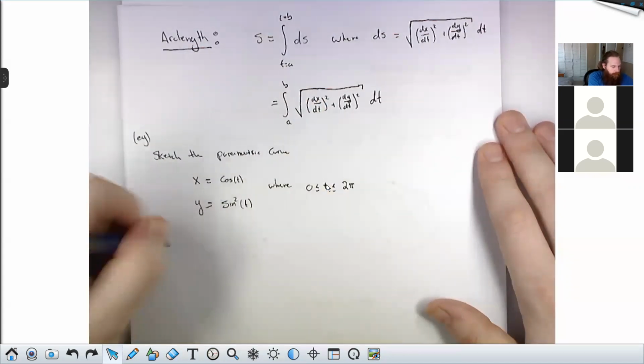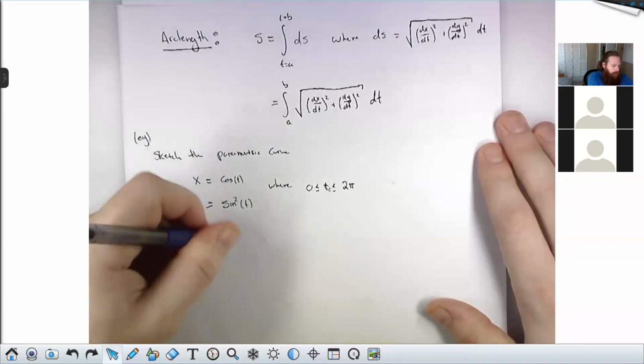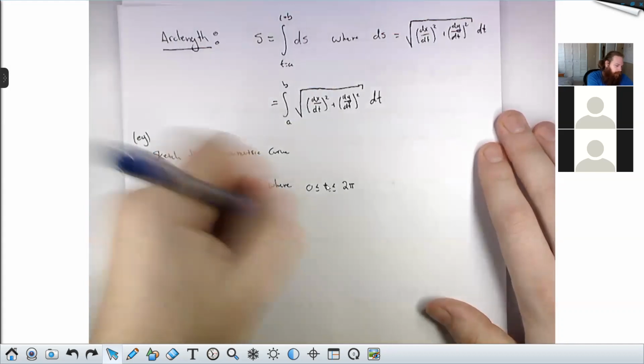And set up an integral for the arc length.